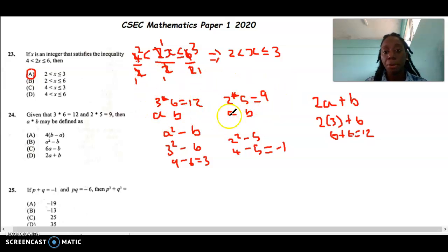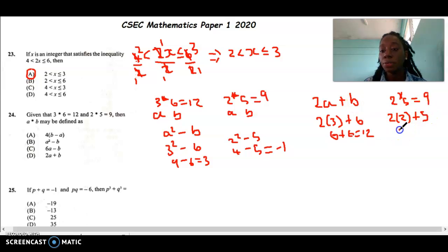Now let us look at the other condition, which is 2 star 5, and that should be equal to 9. So using 2A plus B, where A is 2 and B is 5, I will substitute A equal to 2 and B equal to 5.